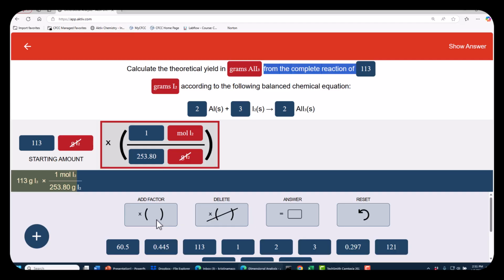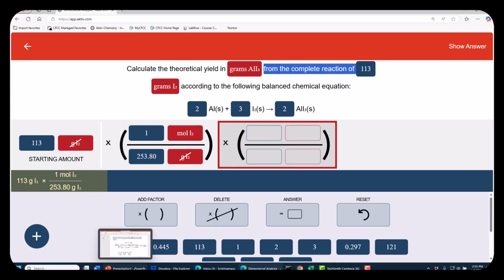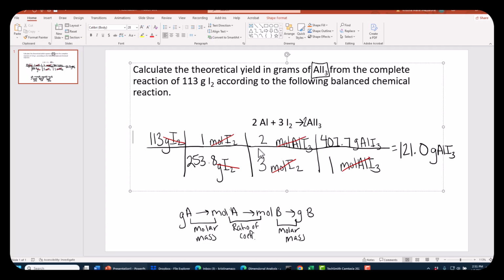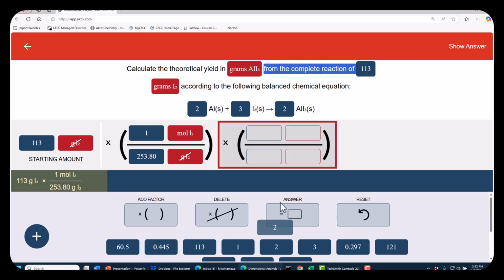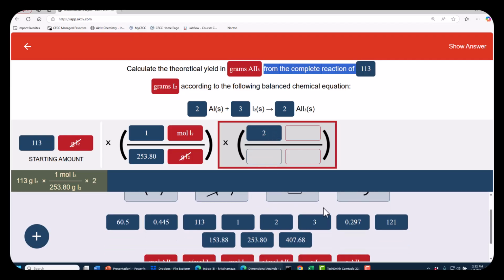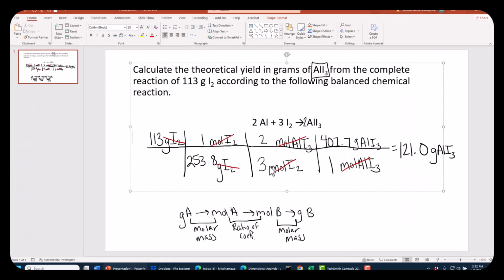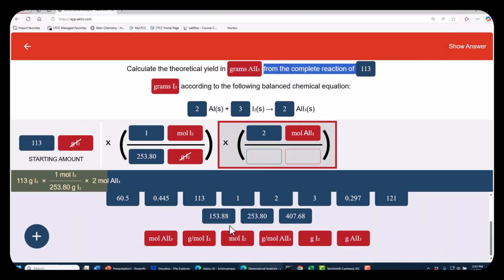Then I'm going to add my next train track, and I just keep copying it over. The next one was 2 moles of aluminum triiodide, and 3 moles of I2.